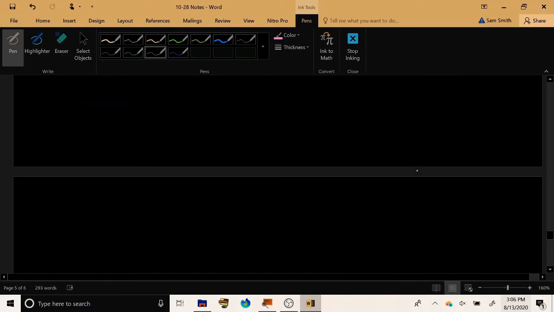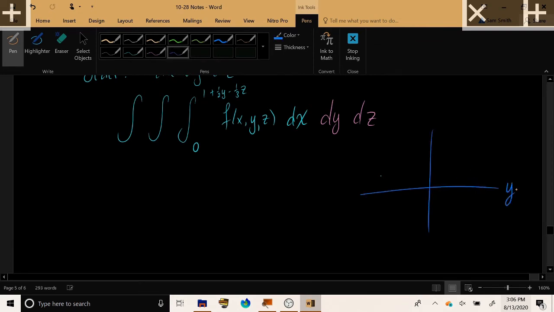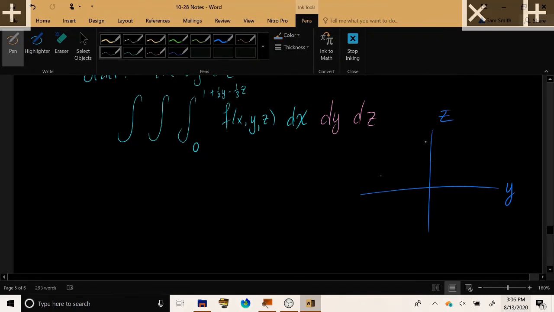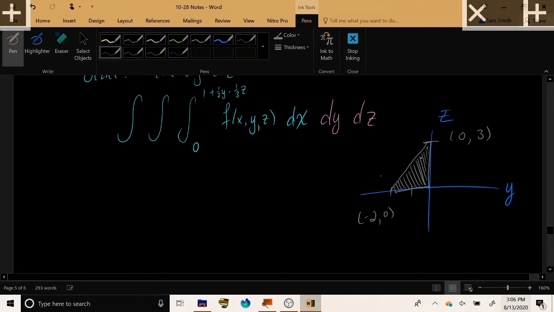So I'm going to put a sketch on the side, which consists of the positive y-axis and the positive z-axis. I'm going to make a note that this region ran between the point where x was 0, y was 0, and z was equal to 3, as well as the point where x was 0, y was -2, and z was 0. And our region ran between those points.